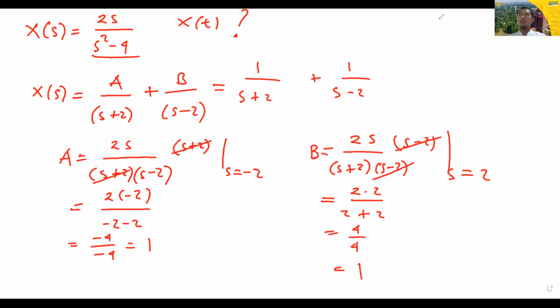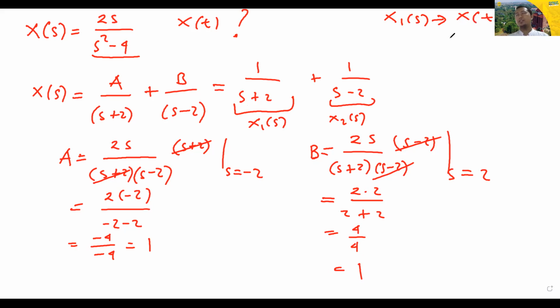Okay, and then let's say this is the first component, x1(s), and this is x2(s). And for x1(s) to x1(t), it is just a lookup table.